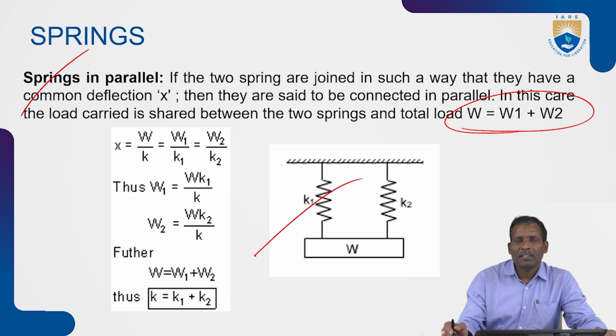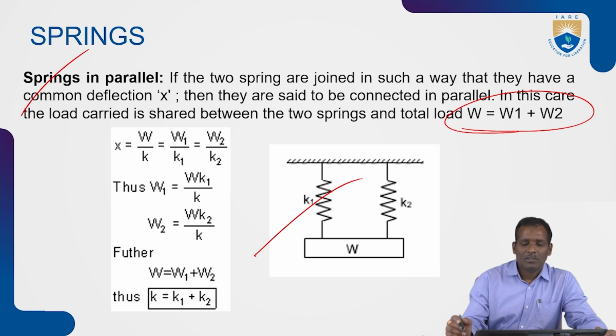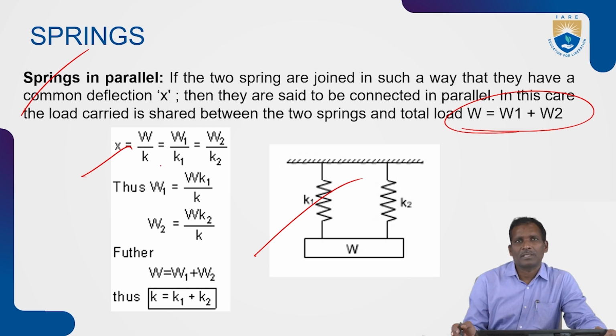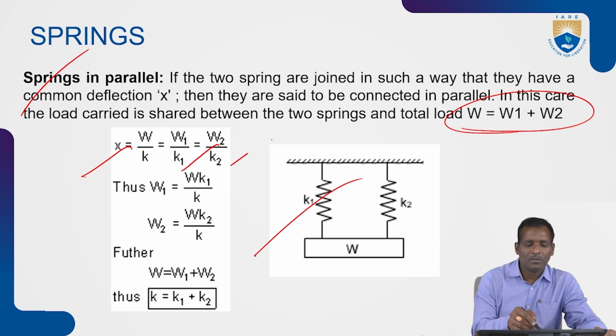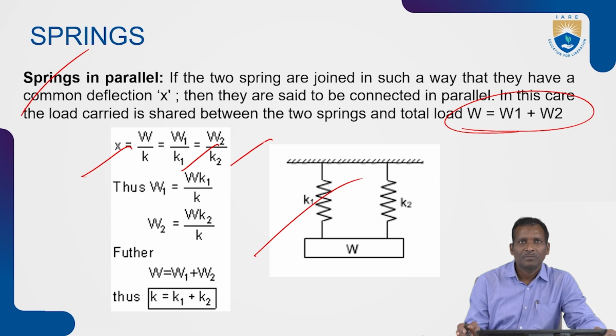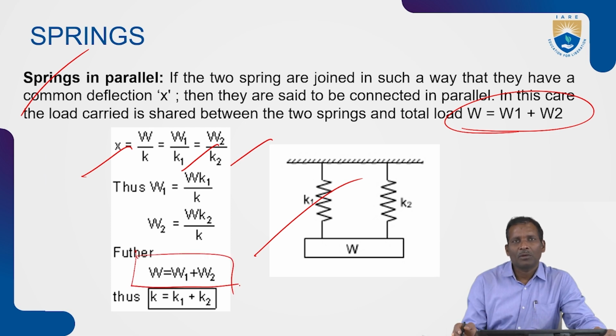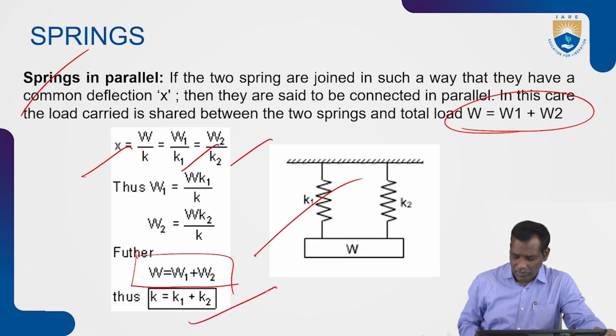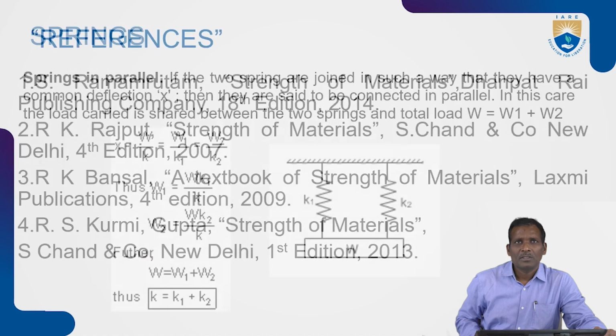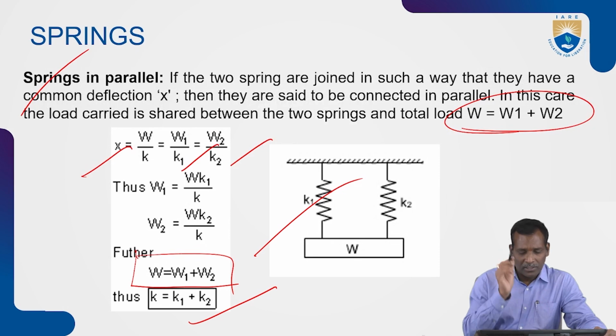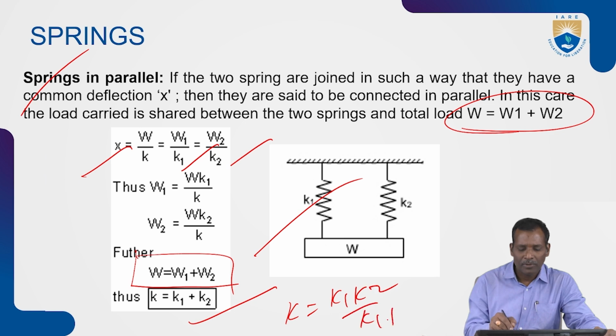Now we can write that deflection is load by stiffness, so W1 by K1 is equal to W2 by K2. Further, W is W1 plus W2. Thus the total stiffness K is K1 plus K2. So the stiffness in the case of parallel is K1 plus K2. In series, K is equal to K1 K2 by K1 plus K2.